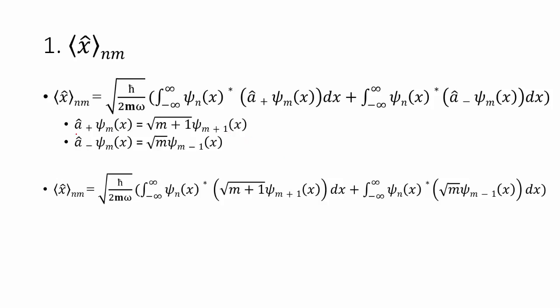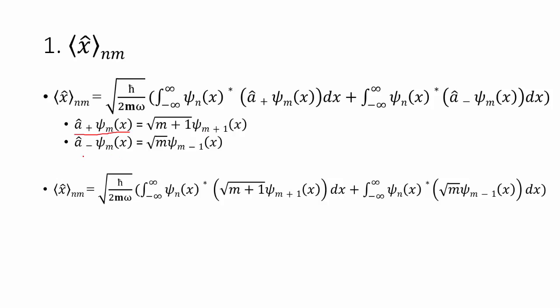We know that when the raising operator operates on a wave function, we simply have the square root of n plus 1 times the function of n plus 1, or the next level function.